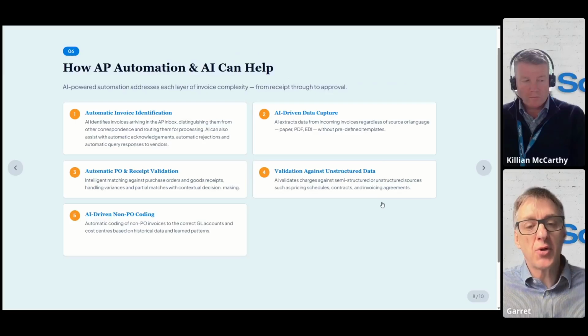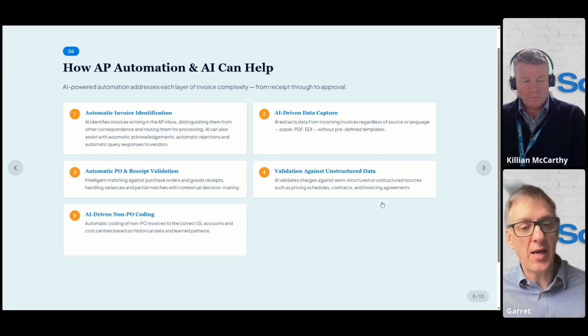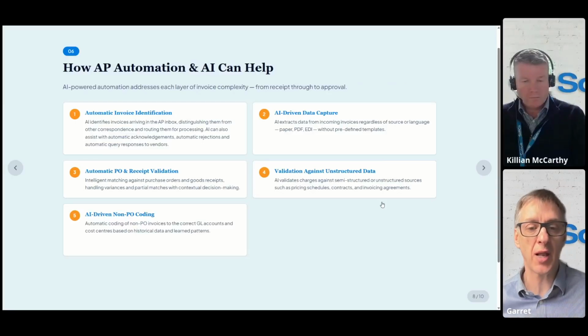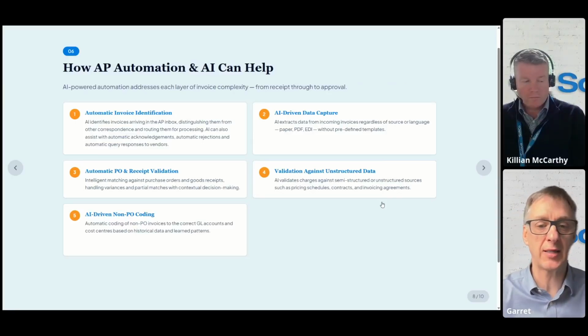There's an enormous opportunity to automatically code your non-purchase order invoices, looking at the information on the invoice and comparing that to historical similar invoices and how they were coded. The AI can confidently suggest how they should be coded. It can also determine who it should go to for approval. So again, where the AP team is having to put a lot of effort into doing that, AI can get them a long way to getting that information added to the invoice.